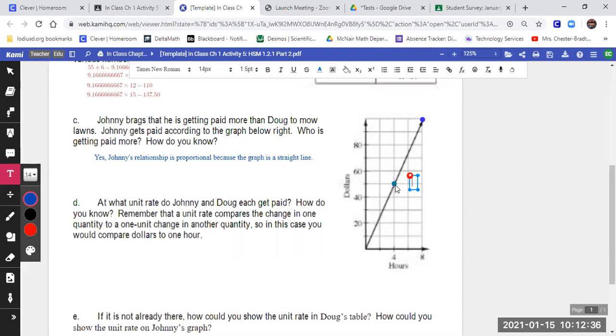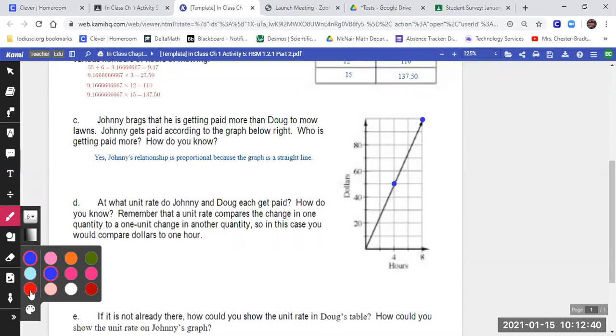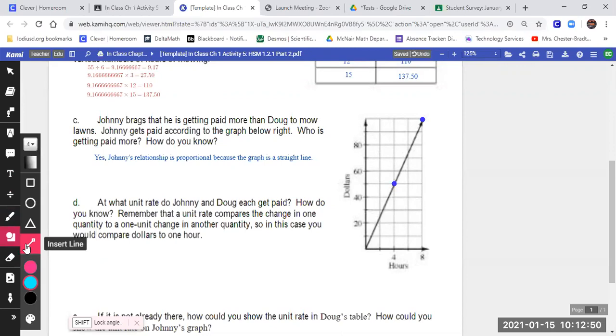So this is my dot, right? Nope, not going to use that. I just realized I could use this line feature, and I am going to use the line feature in a different color. So I'm going to figure out how far left and right I went by going straight down and looking at what the number is.